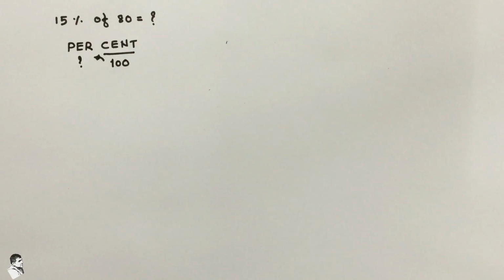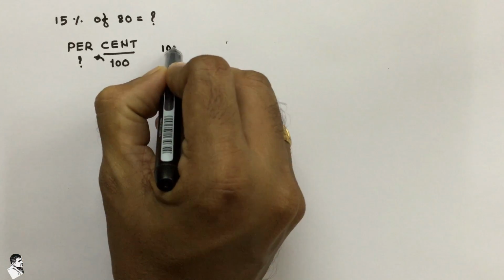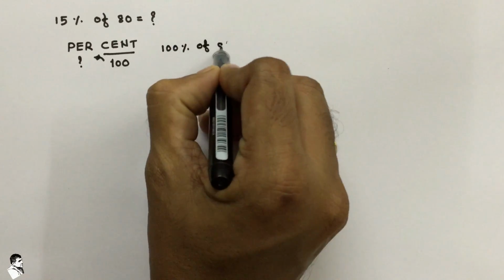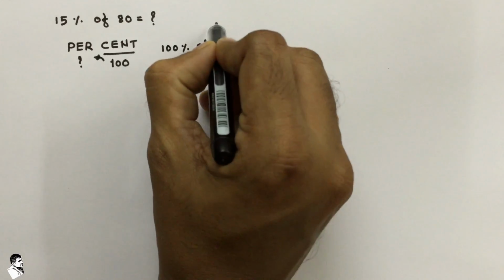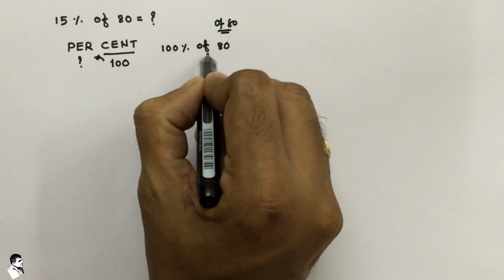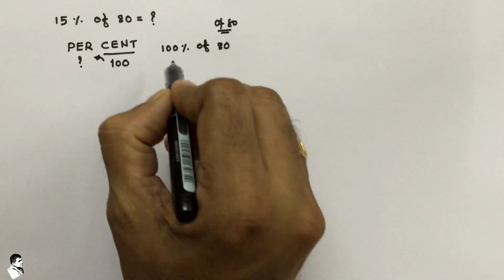Out of 100, how much? Here if we take 100% of value 80, so this is of 80, so 100% of 80 is 80.